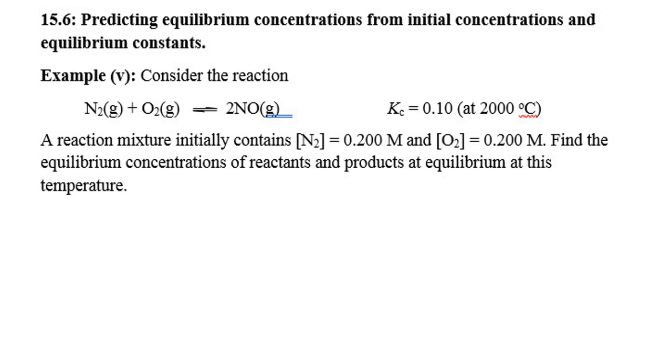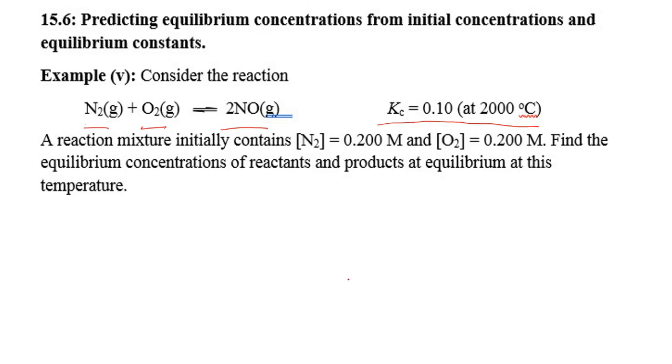So let us consider this reaction. We have nitrogen here reacting with oxygen to produce nitrogen monoxide. So this reaction is at equilibrium. The Kc of this reaction at 2000 degrees Celsius is 0.10.